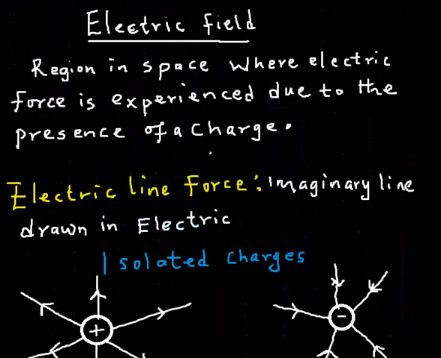Okay, so now that will lead us to the next subtopic, which is electric field intensity, a vector quantity. The intensity of the electric field, or the electric field strength, is the same thing, and we use the symbol E to represent it.